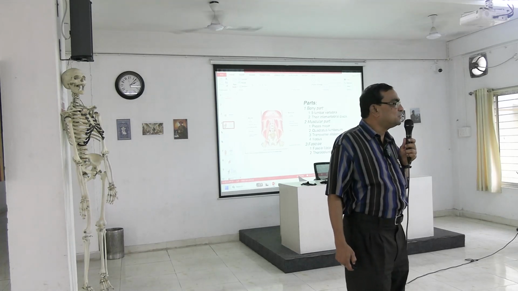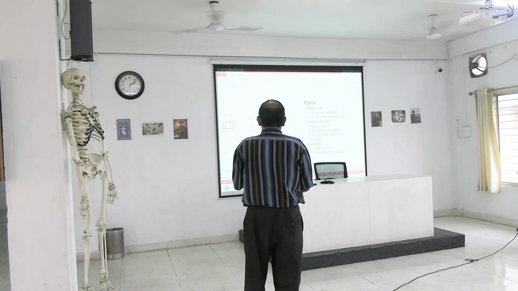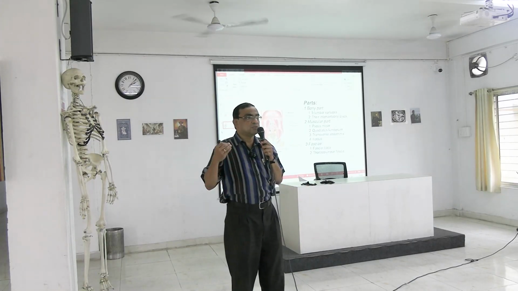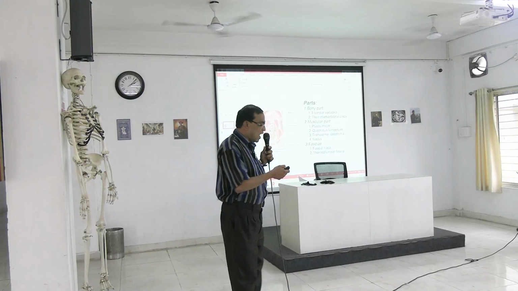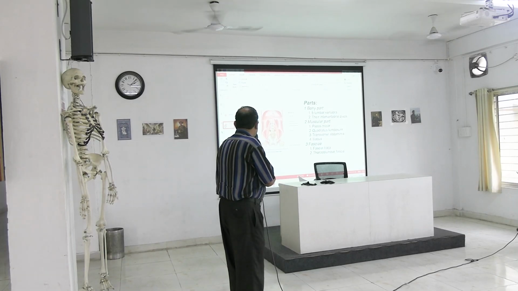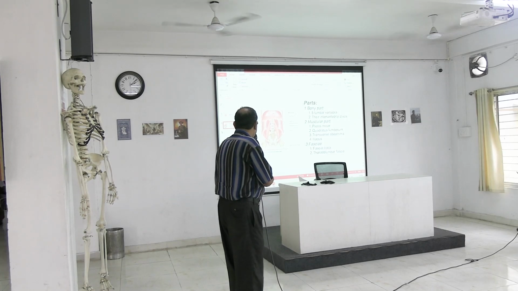We know the diaphragm separates the thorax and the abdomen, and it has got some origins, and one of the important origins is these crura, and also the ligaments. One is the ligament at the midline, that is the median arcuate ligament. This one is medial and this one is lateral.